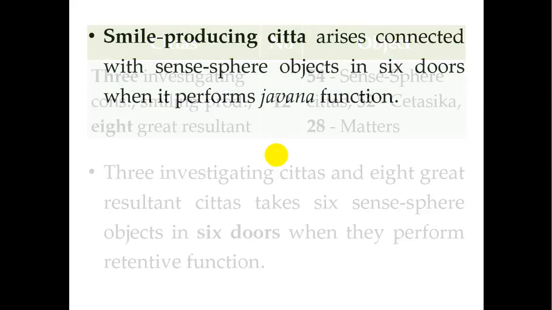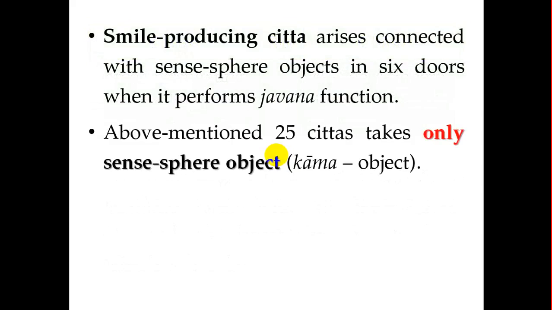Altogether 25. These 25 chetas take only sense sphere objects. Based on sense sphere objects, these chetas arise, right? Understand?